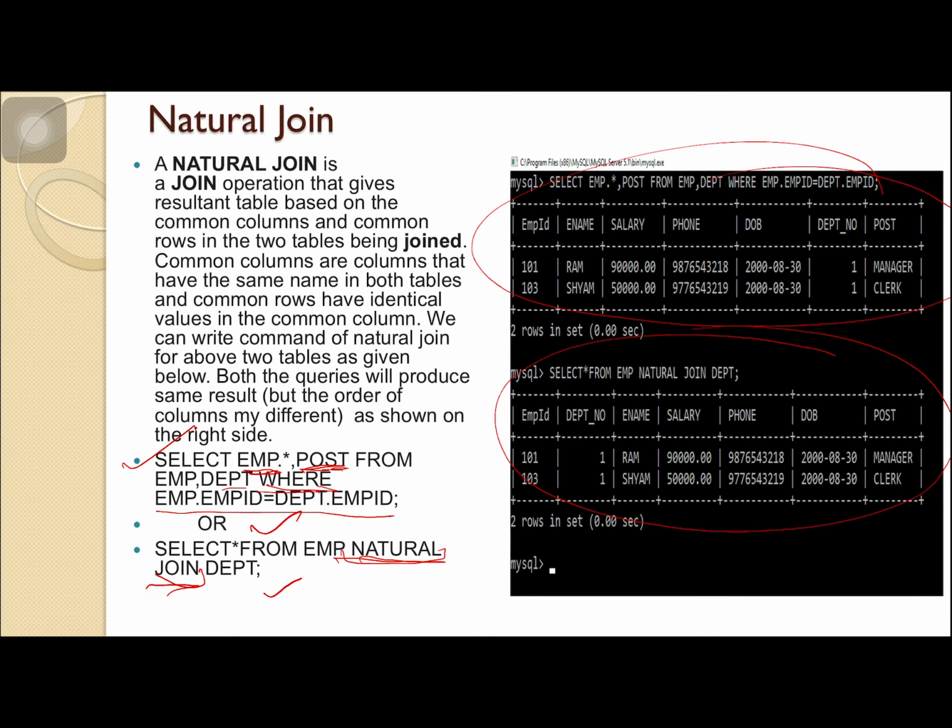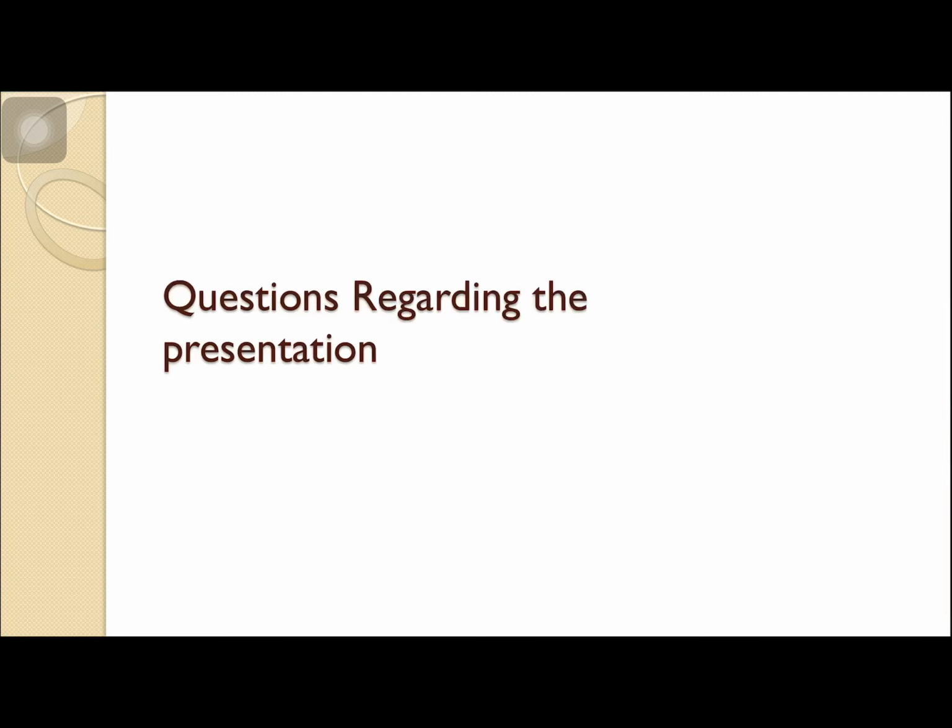In the first case we have to give the condition after the where clause, but here we did not have to provide any condition for whether all the columns are taken from the employee table or only from the department table. Here we only have the keyword natural join.